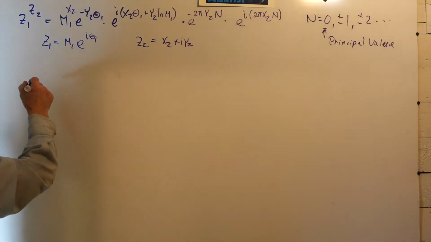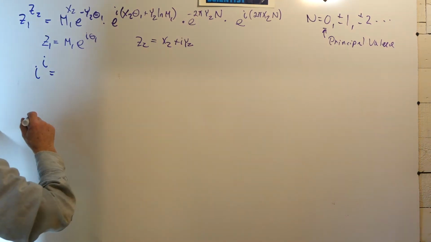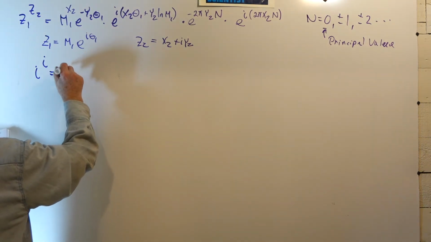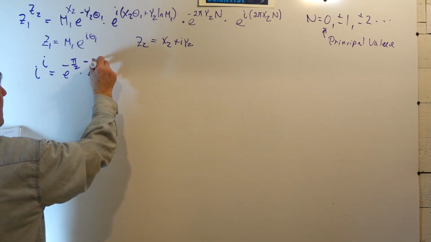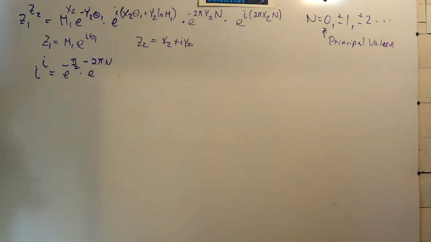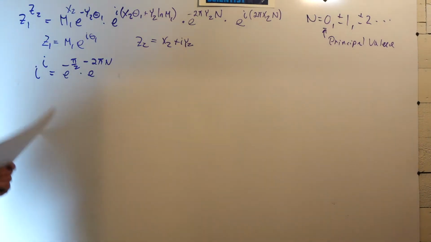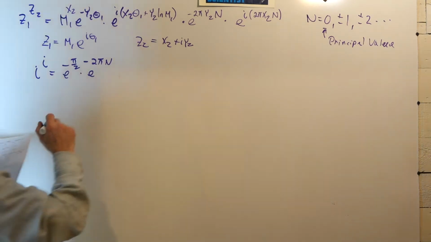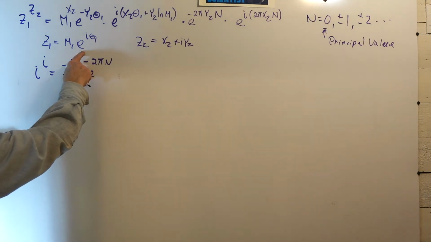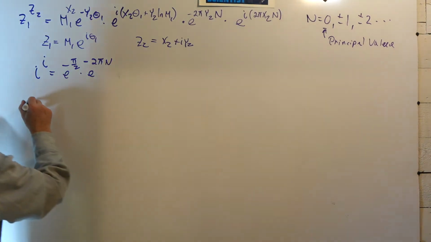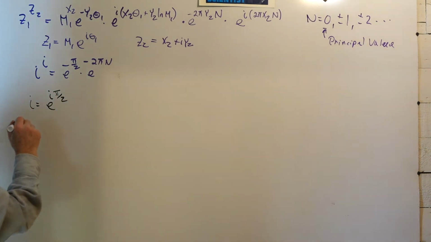Let's go to the original problem that we started with, I raised to the I power. Remember that we derived at the beginning that this was e to the minus pi over 2 times e to the minus 2 pi n. Let's go ahead and use our expansion to check that out. Now, I raised to the I power, so both z1 and z2 is I. With z1 we express I in exponential form, so I becomes e to the I pi over 2. This is our z1.